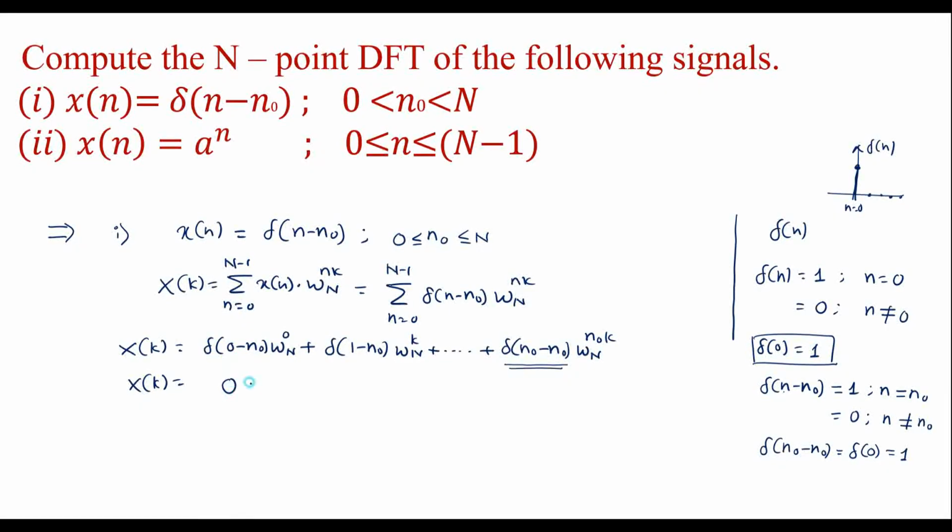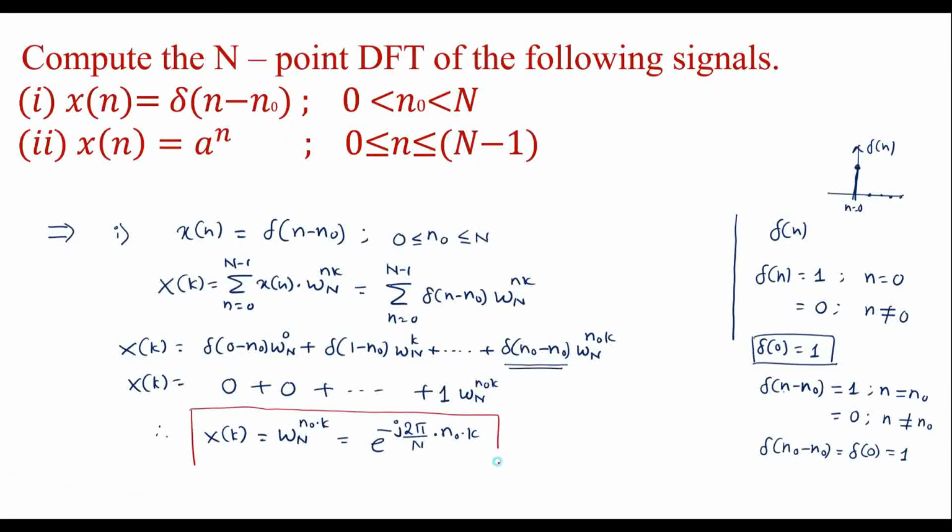So it is 0 here, plus this is 0, plus we have the value 1 times W_N to the power n0 times k. Therefore, X(k) is equal to W_N to the power n0 k, or, since W_N is nothing but e to the power minus j 2 pi by N, X(k) equals e to the power minus j 2 pi by N times n0 times k. So this is the solution for this problem.